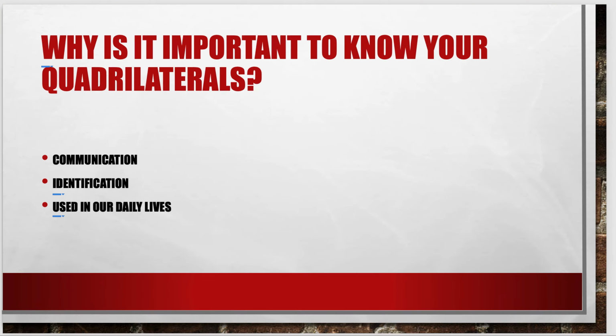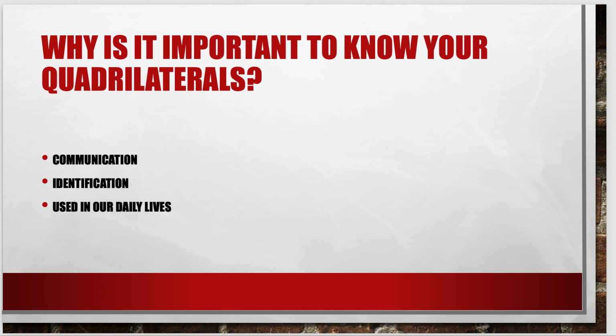Alright. Now let's talk about why it is important to know your quadrilaterals. Well, number one, communication. It's important to know the names of really all your shapes. And it helps to know them more specifically because say you are at a job and you're moving tables.